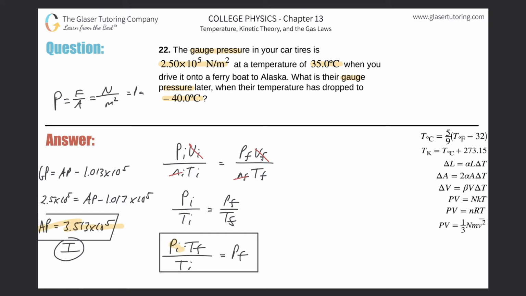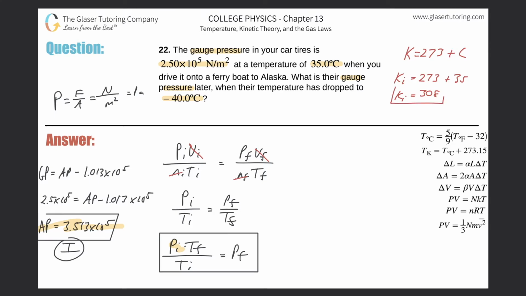Okay, and then the temperatures, remember, they have to be in Kelvin. So we have a whole series of conversions, right? Remember that the Kelvin temperature is going to be equal to 273.15, but who cares about the decimal, plus the Celsius temperature. So the initial Kelvin temperature here will be 273 plus 35. That works out to be 308 Kelvin.